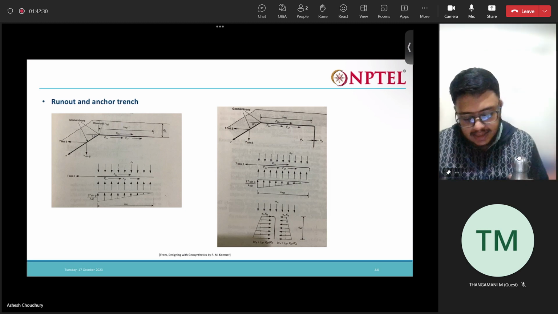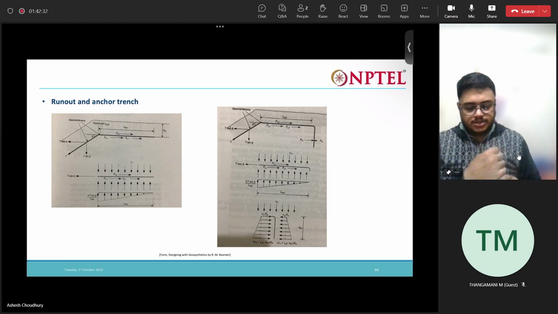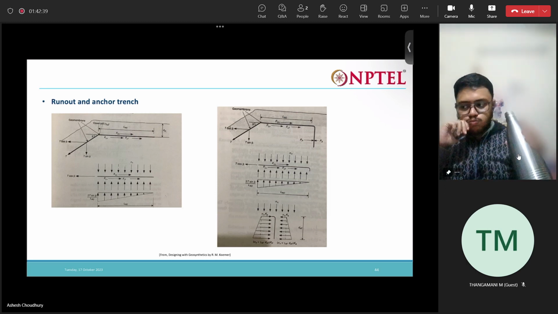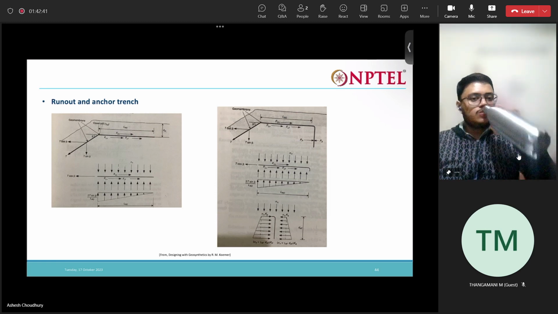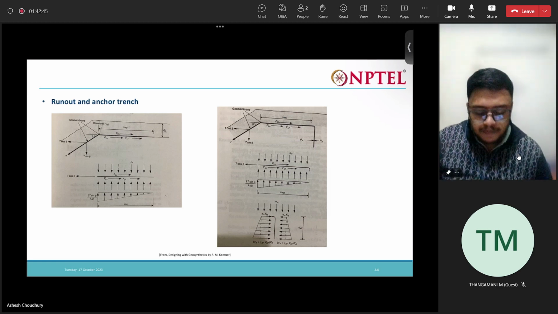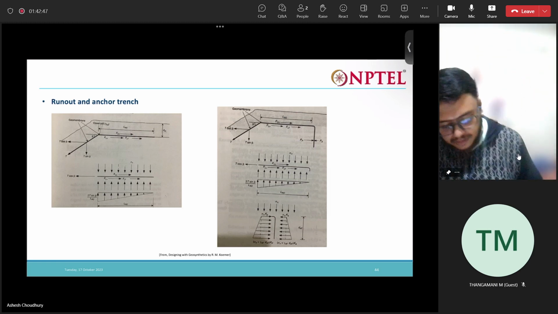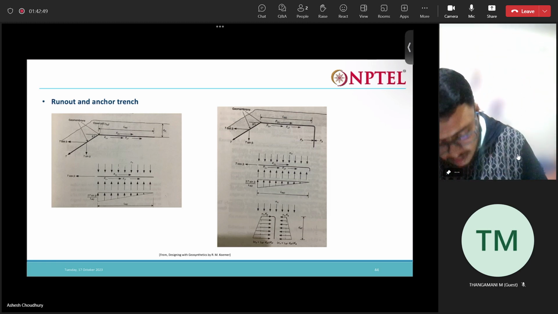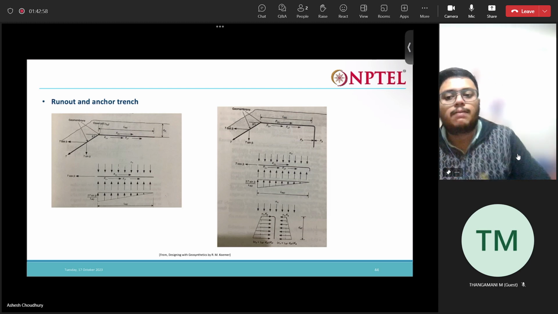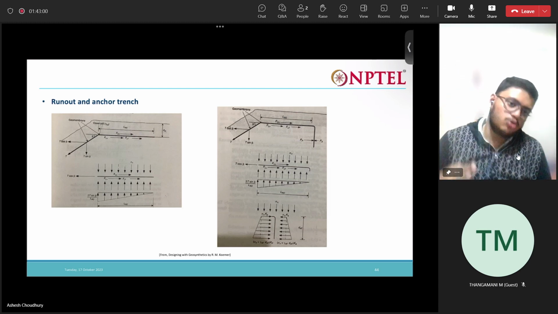Now we will see this runout and anchored trench. So runout is nothing but, say you have placed the geomembrane on a slope.